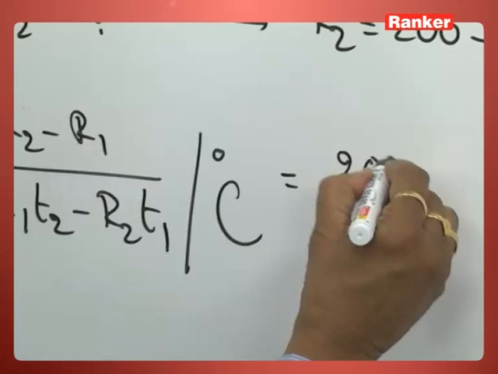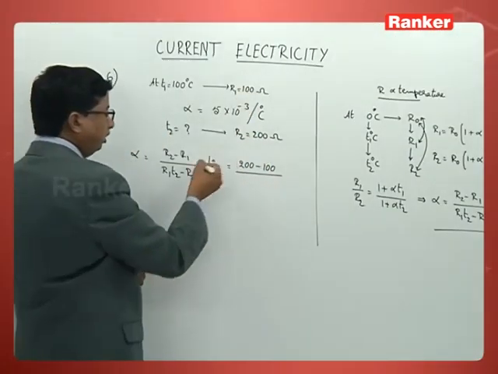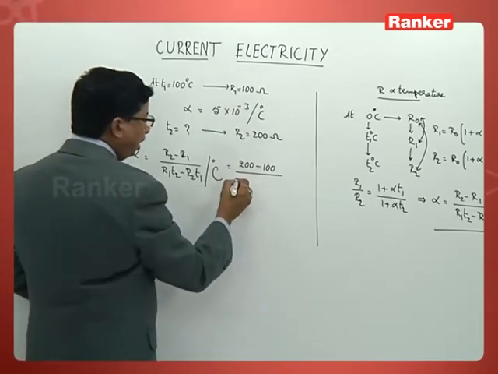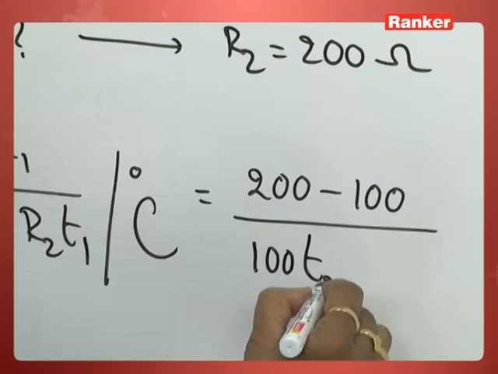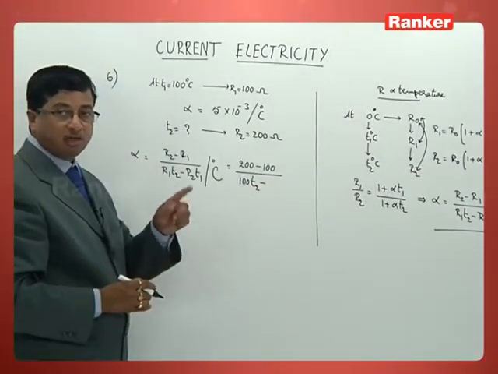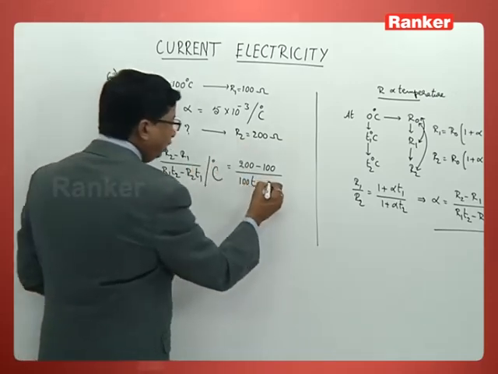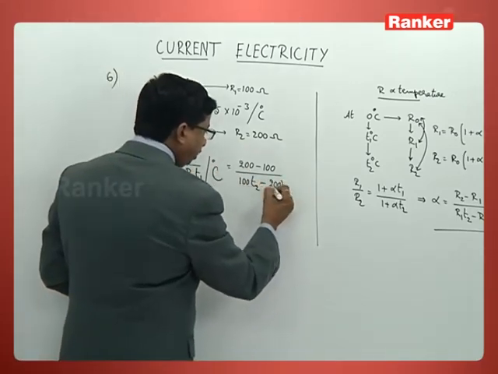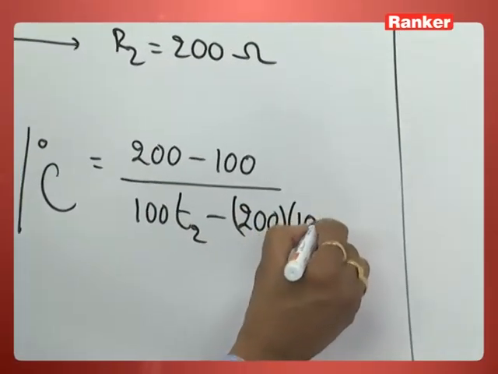It's 200 minus 100, R2 minus R1. Then R1 is 100. What is T2, I don't know. In fact that is to be calculated. Minus R2, that is 200, into T1, that is given as 100.